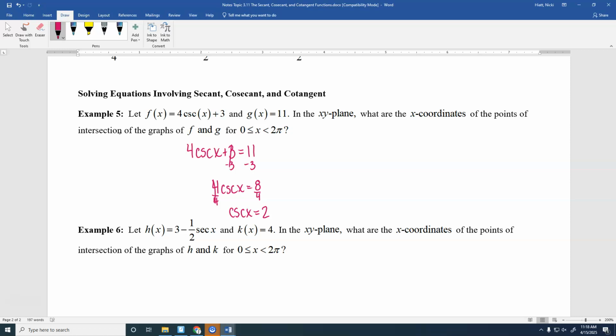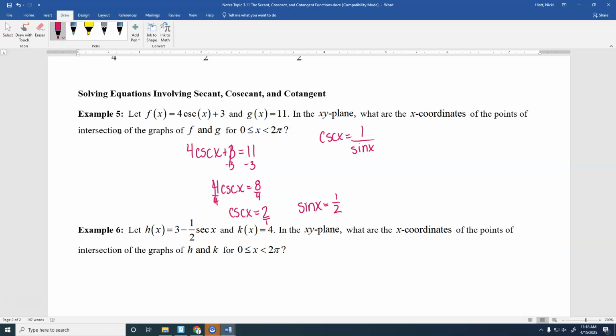Cosecant is not on our unit circle, but the reciprocal function for it is, right? So cosecant of x equals 1 over sine x. So if cosecant equals 2 over 1, sine of x equals 1/2.